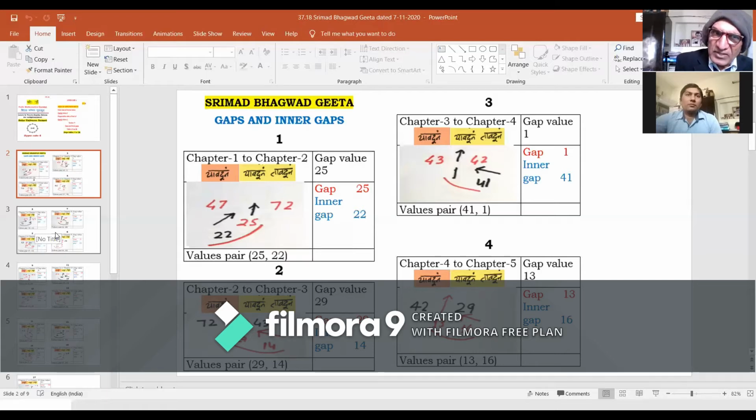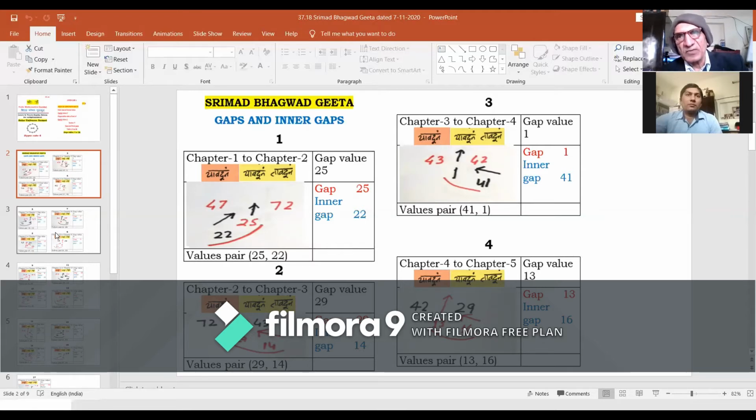When this value 25 is further deducted, then it takes us to 22. 47 is 22 plus 25. This way, we will be reaching gap values as well as the inner gap values for all the 18 chapters.